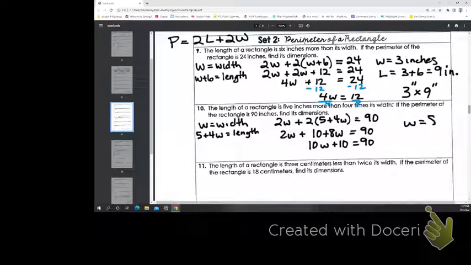And we should get W is 8. So 8 inches. Then we have to do 5 plus 4 times 8. So 32 plus 5, 37 inches. And if I add them together and double it, I should get the 90, right? Because there's 2 of each.